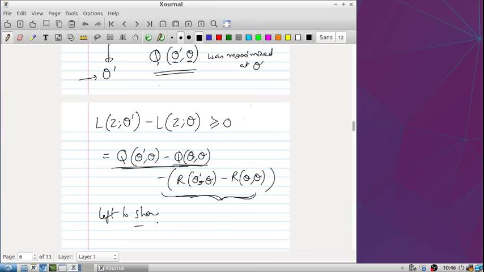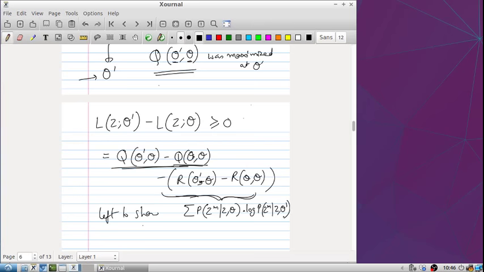that minus of... so what was r? R of theta prime comma theta was actually the sum over zm of p of zm given z comma theta, times log of p of zm given z comma theta prime.